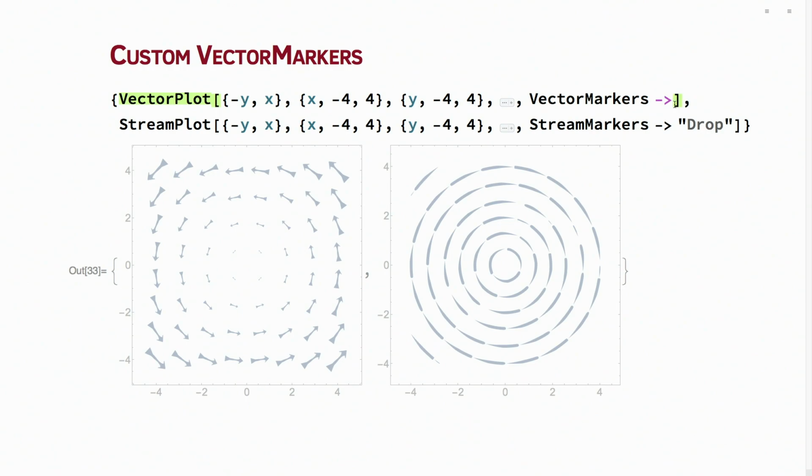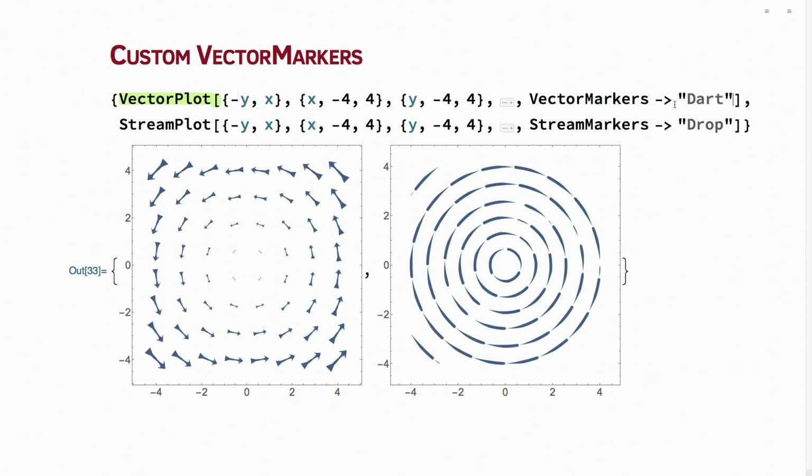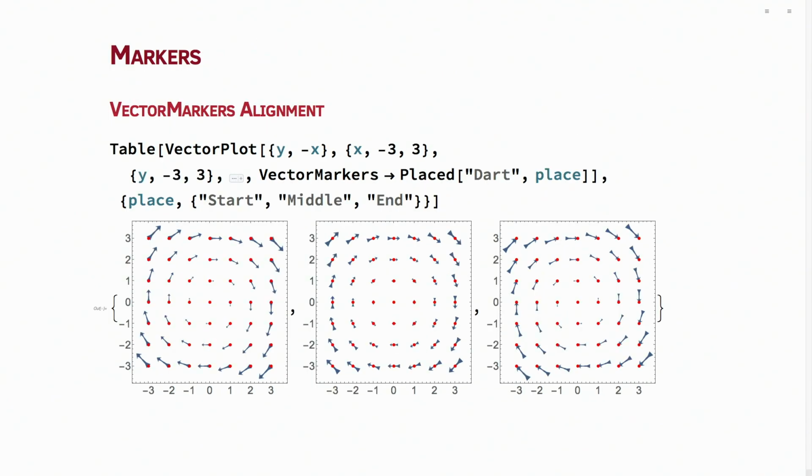And now, up there, let's go back to Dart. And so the other thing I mentioned is that we have control over what the arrows look like. And in the case of the vector plots, we have control over how they're placed. And we're using placed for this.